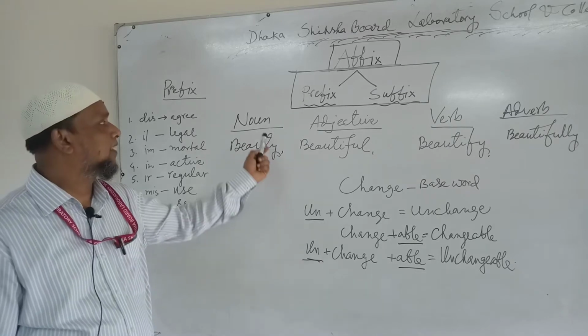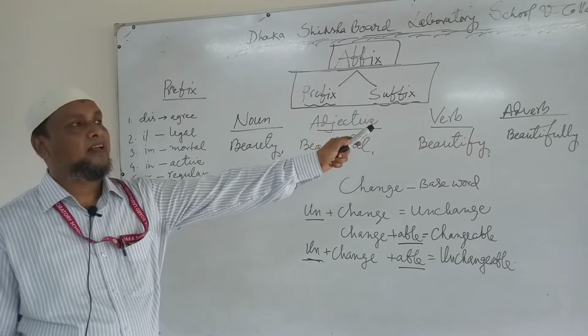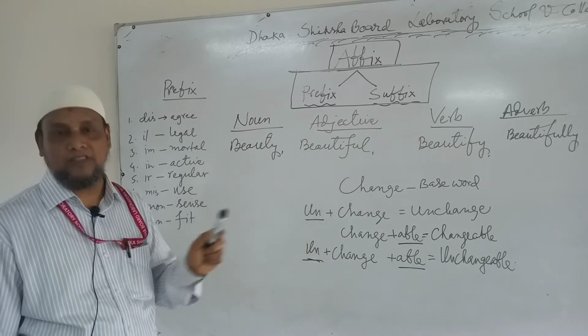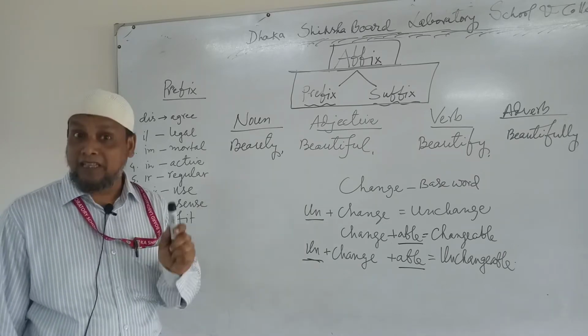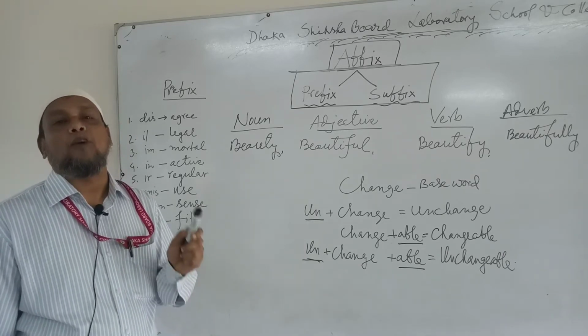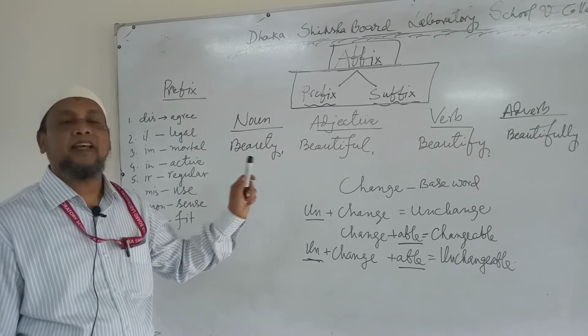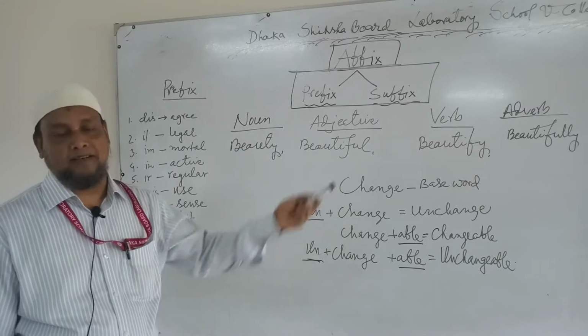Among them, noun, adjective, verb and adverb. These 4 kinds of parts of speech are known as base word or keyword. What is a base word? Base word means these words can be changed from one part of speech to another.